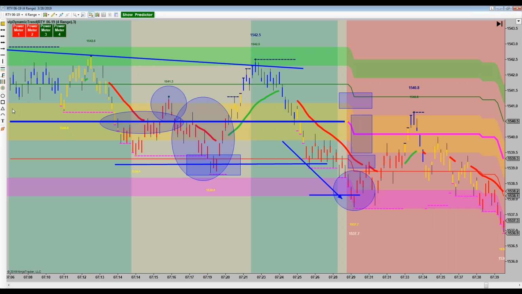So let me ask you this question on the short side here. Are these bars right here located in an area that could be considered to be a trade entry, yes or no? Is this a minimum criteria trade, yes or no?